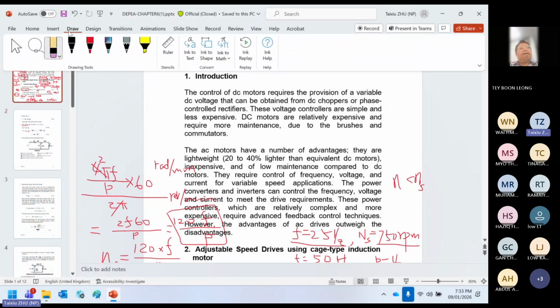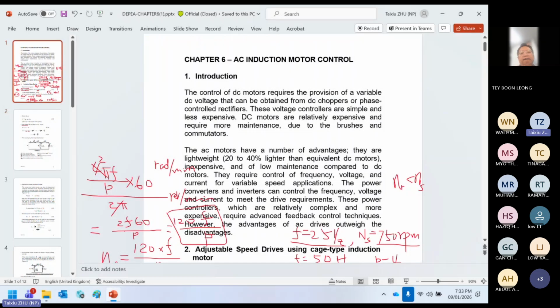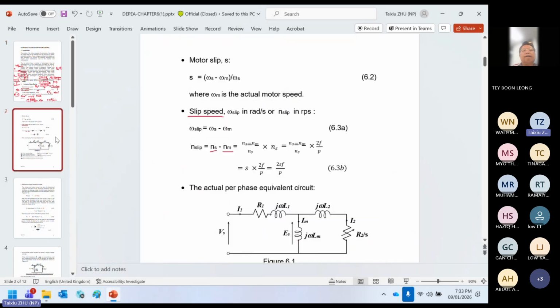So basically, M represents motor. Put simply, slip speed is the difference between the synchronous speed and the motor speed.